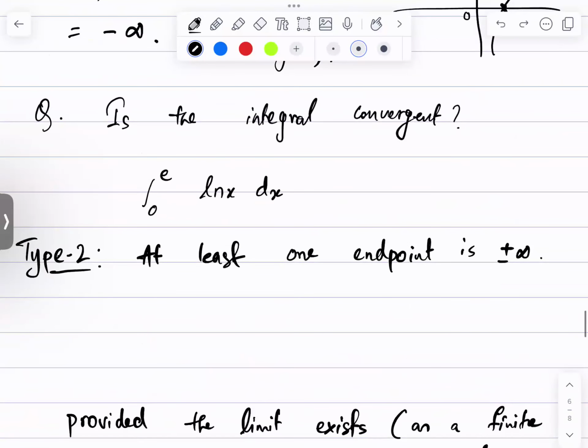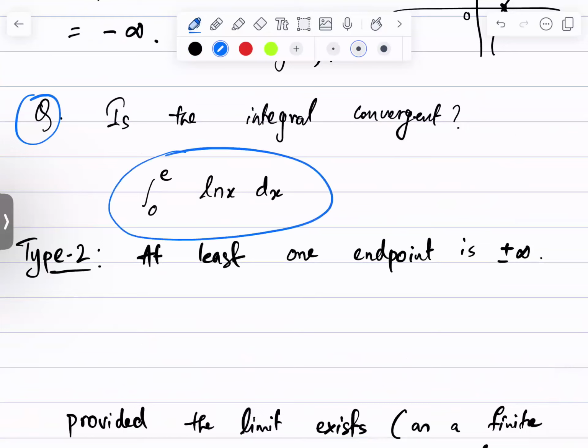Okay, so this is one question for you to think about. Can you answer whether the integral from 0 to e of ln x dx converges or not? As I said, ln kind of looks like this. At 1, this is 0, and at e, the value is 1.